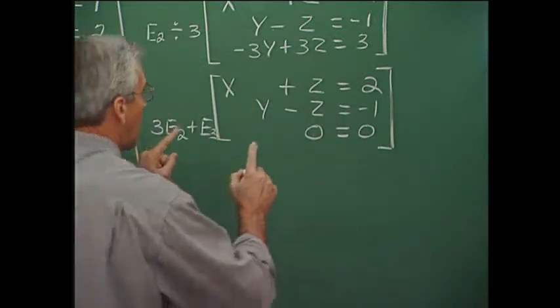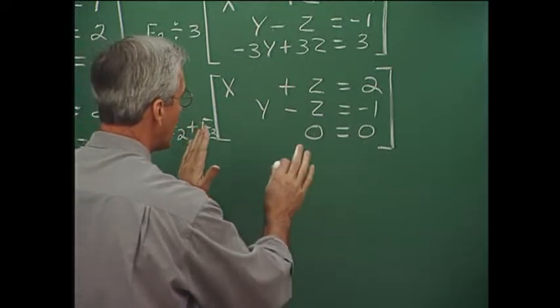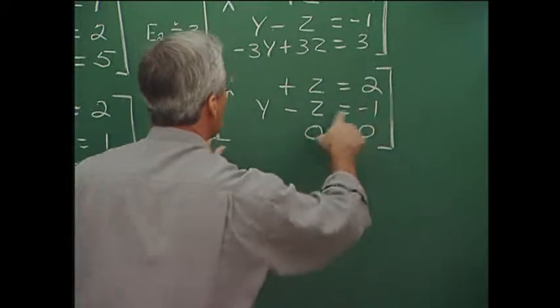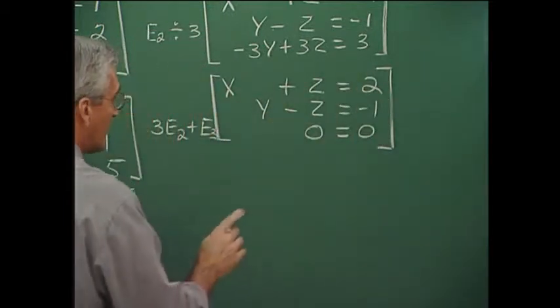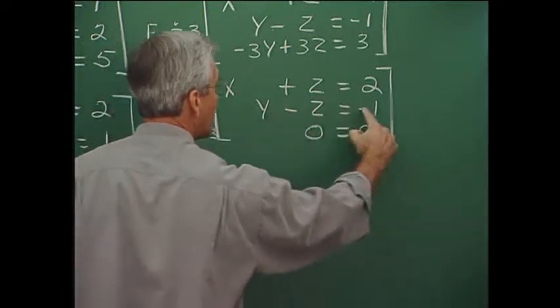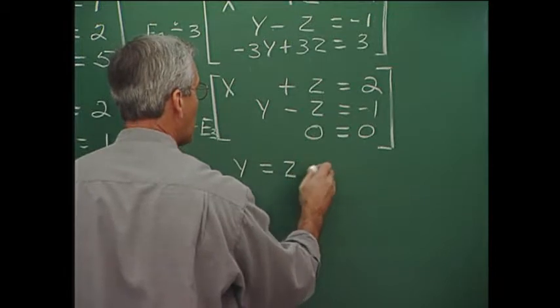All right, it turns out that all we're going to do is write relationships among x, y, and z from these two equations. And here's what we'll do. From equation 2, I can solve this for y by adding z on both sides, and I have y equals z minus 1.